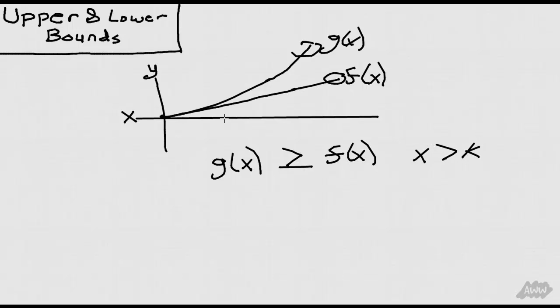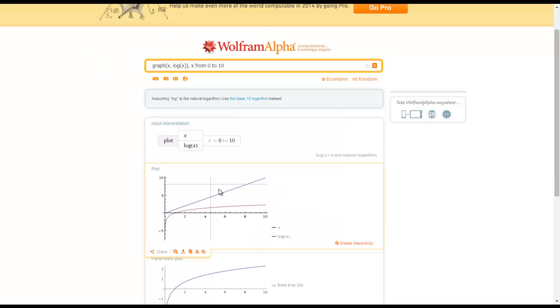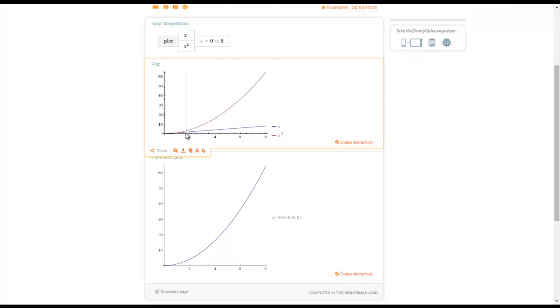And the value of k doesn't matter as long as some value of k works. So for this, we could use 1 because they intersect at 1, and x is always greater than radical x after 1. For this graph, any value works because x is always greater than log x.